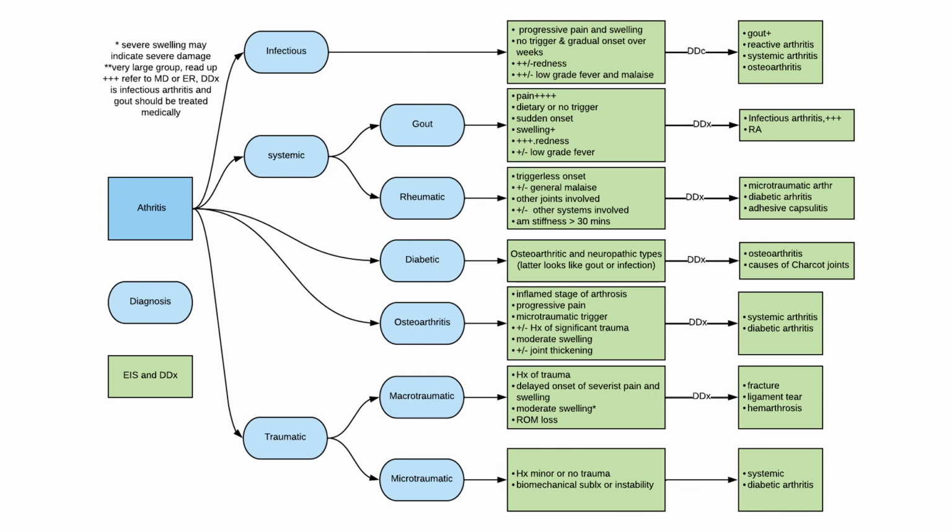So that's it. Now, be careful of things like very severe swelling. You want to be careful of, and refer to the doctor if you believe it's an infectious arthritis or a systemic arthritis that as yet hasn't been diagnosed.